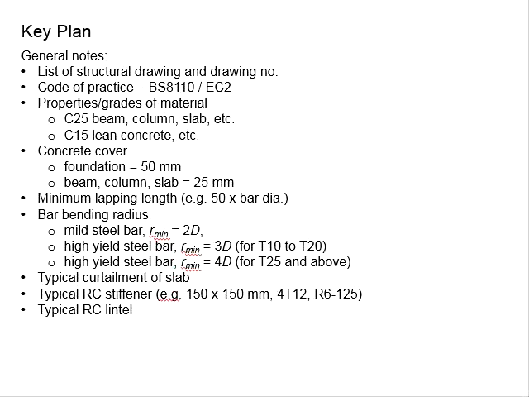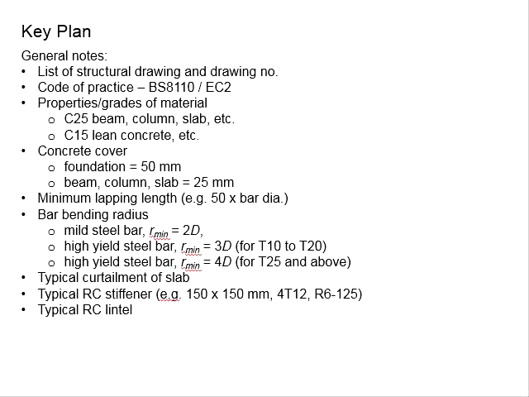In the previous videos, we mentioned the general notes, which are typically found in the structural key plan. It gives a lot of information which can be classified into two main parts. One is the table of contents for all the structural key plans produced by the engineers.